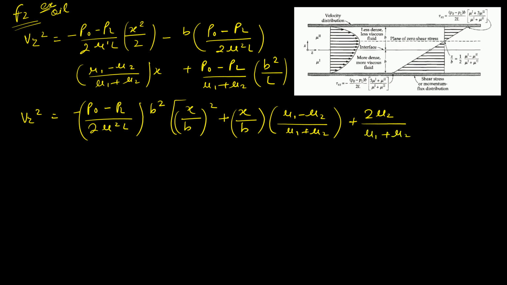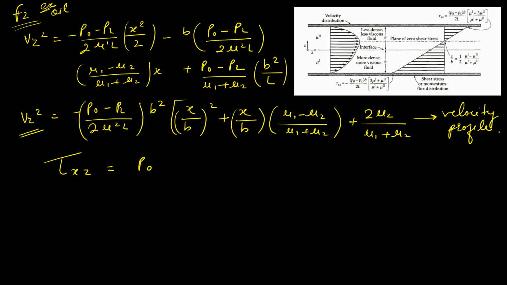So this is the velocity profile for fluid 2. Now to find the shear stress we need to put the values of C1 and C2 there too.